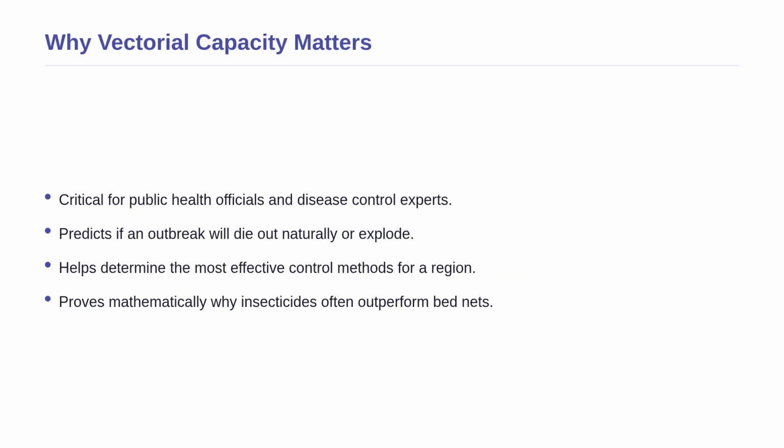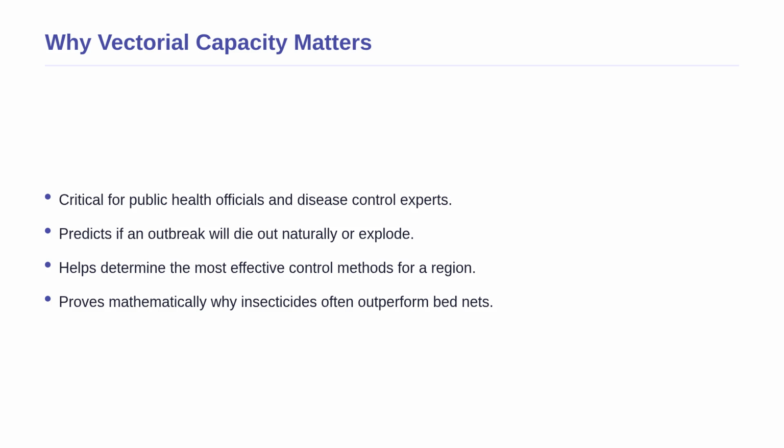You might be wondering, why do we need such a specific metric? Understanding this concept is absolutely critical for public health officials and disease control experts around the world. If we do not know the vectorial capacity of a mosquito population, we are essentially fighting a disease blindfolded.